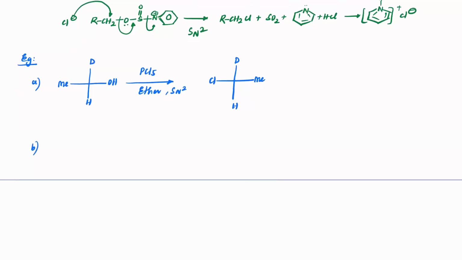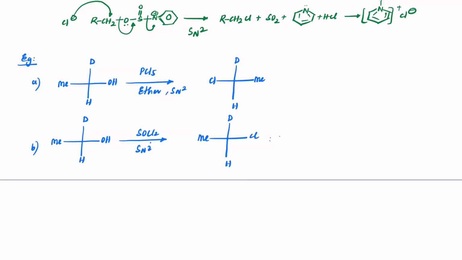And in case if you are writing for the same reaction with only SOCl2, then you'll write it as SNi mechanism, and this time you will make a retention product.